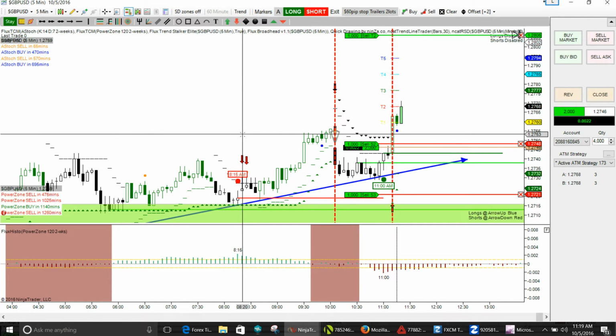All right, you saw those trades executed right in front of you. There's no smoke and mirrors here. Okay, it's the Flux Power Zone with the Trend Stalker Elite. Need some information on it. It will definitely help out your trading, your regular system that you already have.